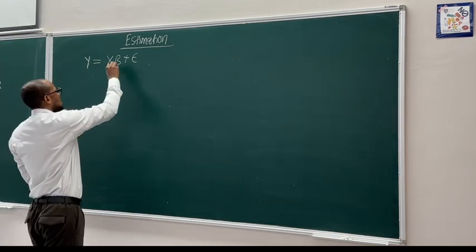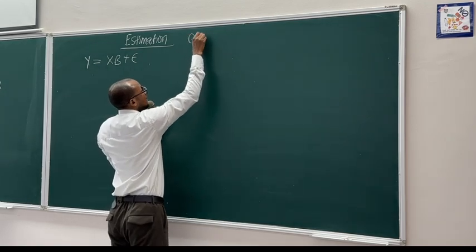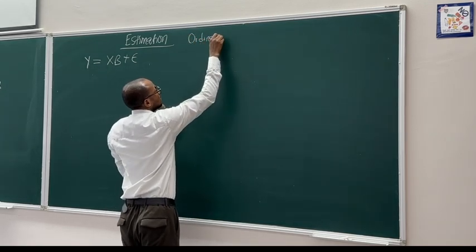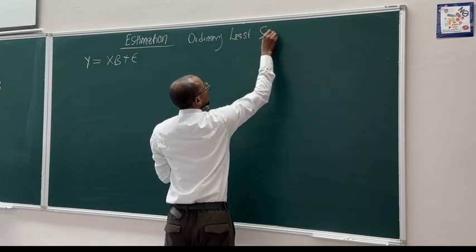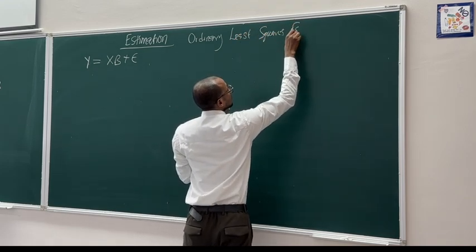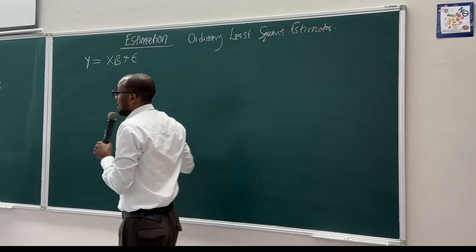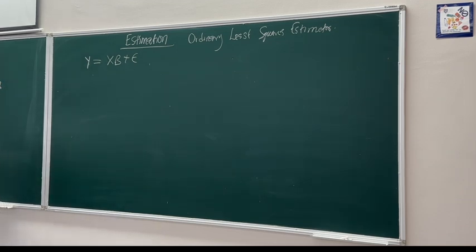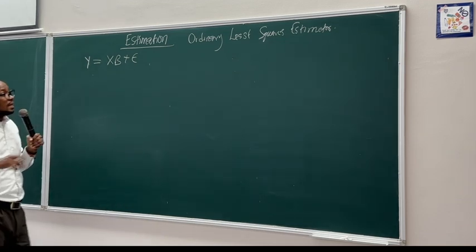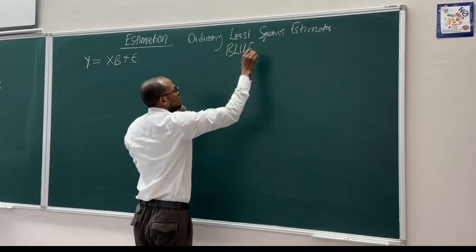We are told that the ordinary least square estimator, the OLS estimator, is the best linear and unbiased estimator of the regression model, and that was emphasized by the Gauss-Markov theorem.